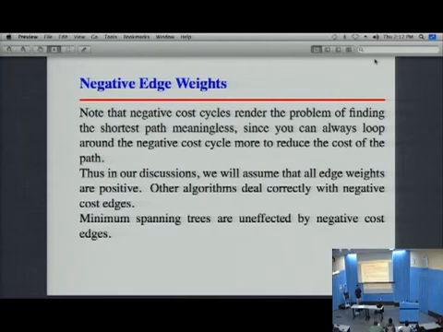Okay? Any questions about that? For this reason, we're going to say that our algorithms are not going to permit negative weight edges in graphs. Okay? Any questions? Is it clear?